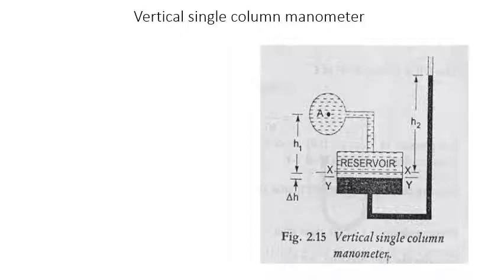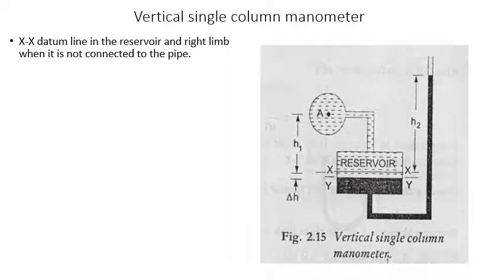The other end is open to the atmosphere. Now consider the datum line X-X in the reservoir and the right limb when it is not connected to the pipe. So initially the datum line is taken as X-X.